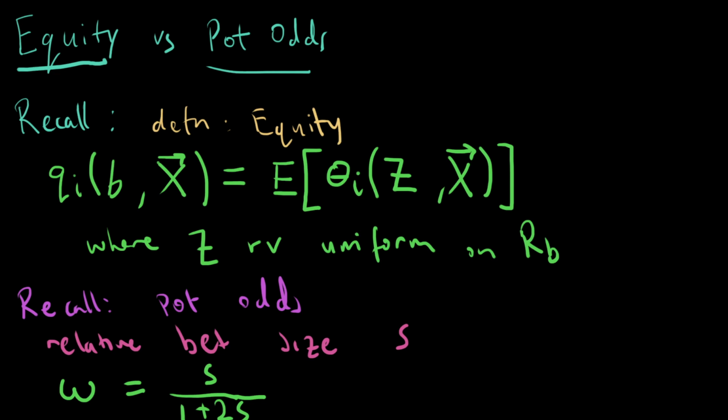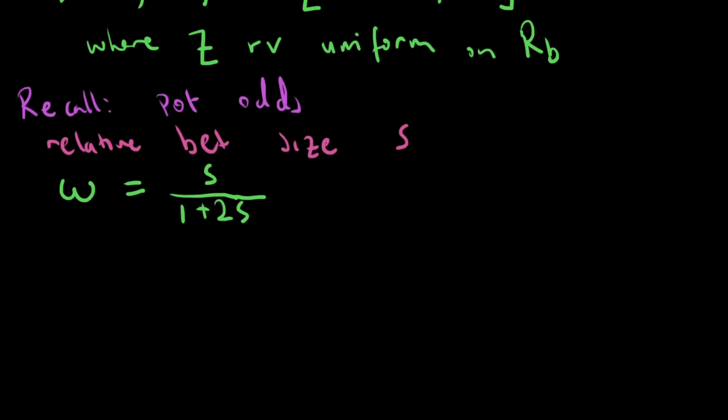Okay, so given that we've got our definitions of equity and pot odds, we're going to use a shortcut to figure out the correct action to take for an all-in bet.